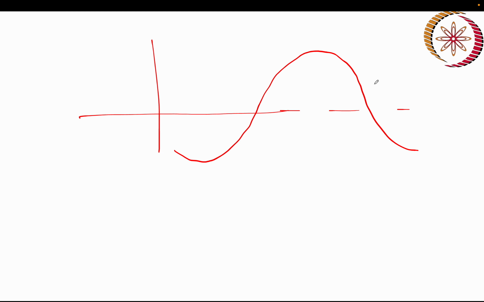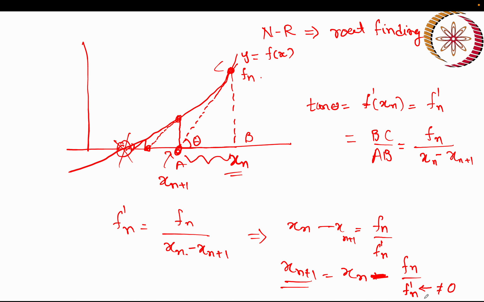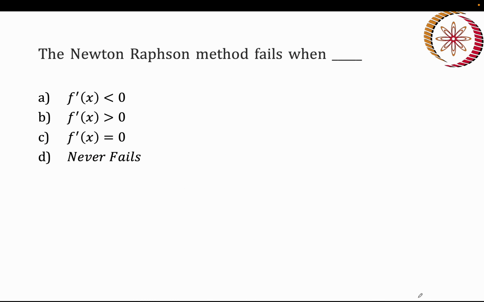In this case, if we start with this location, we expect that we should go to this root, but based on this tangent, if we draw it, it will just go to infinity or any direction. So in that case it will not give the closest root, but will just go to infinity. So this will fail if the derivative is 0. So this is the correct answer.